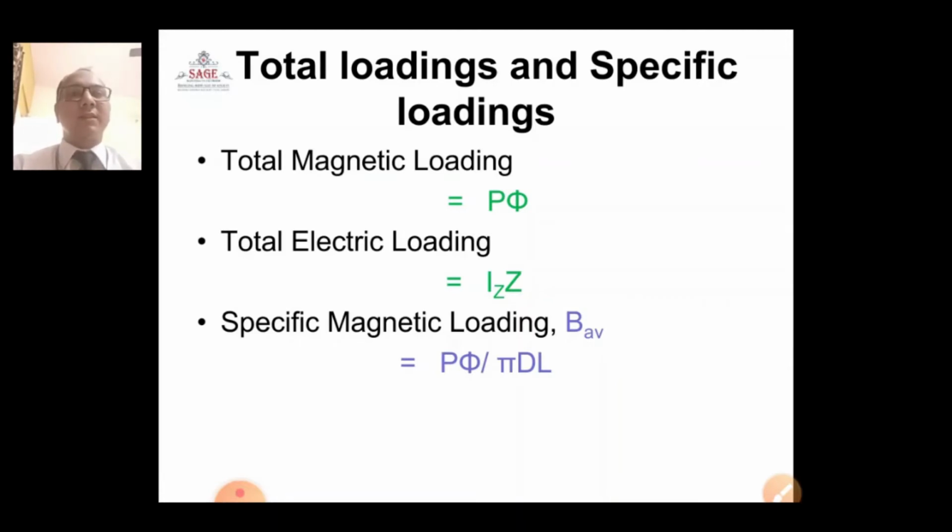It is not the flux but a density, the flux density over the air gap of the machine, and is called specific magnetic loading. So how to understand it? It is the total flux around the air gap divided by the area of the flux path at the air gap. And what is that area? It is the circumferential area.